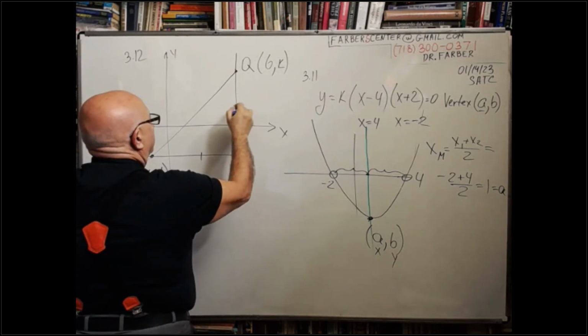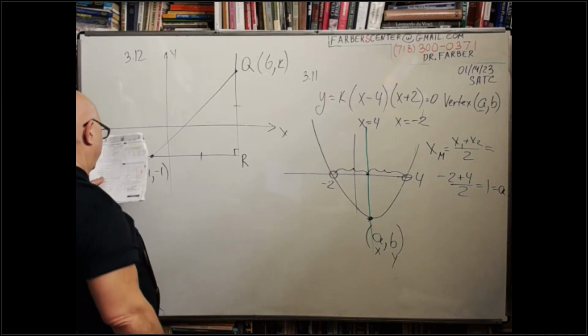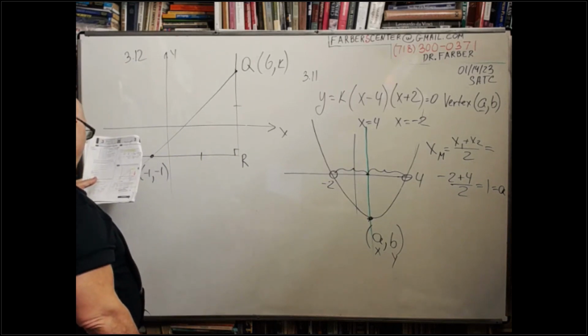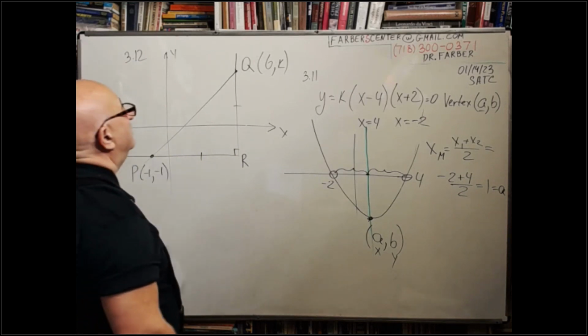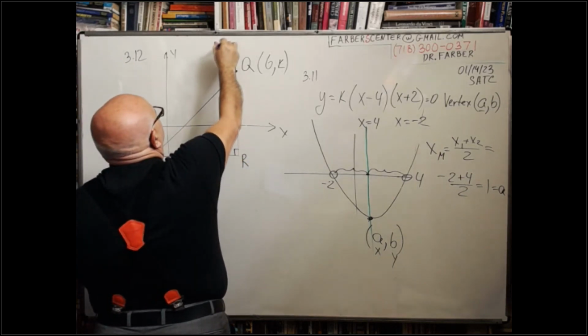Isosceles triangle, this and this legs are the same. And they ask you to find K. K is a question mark.